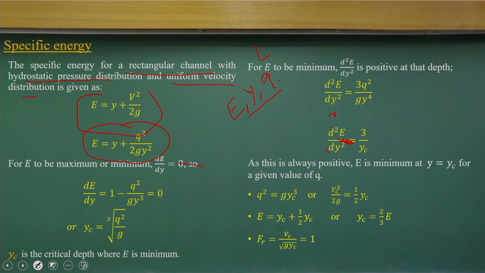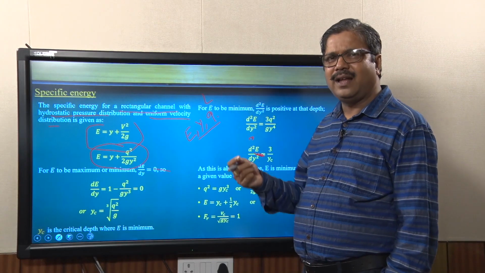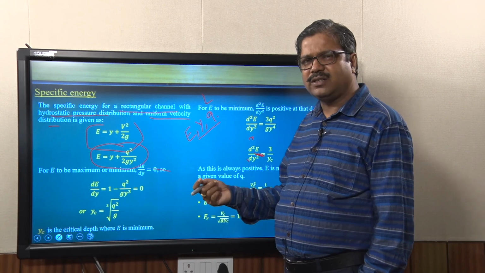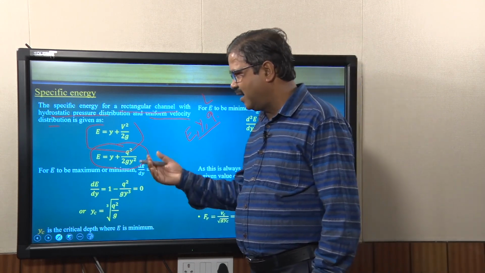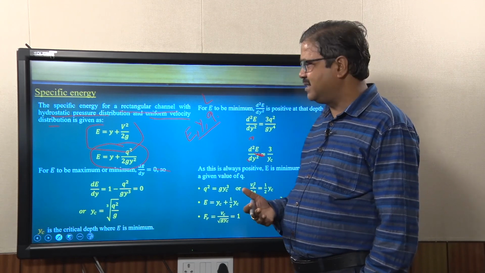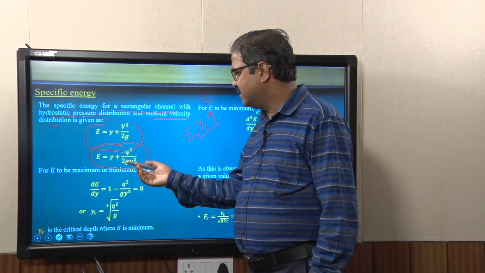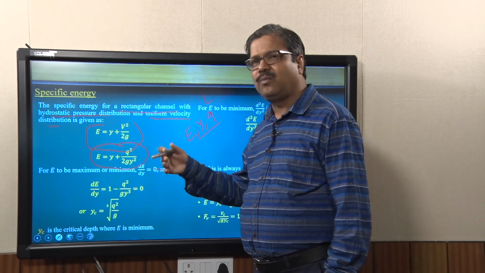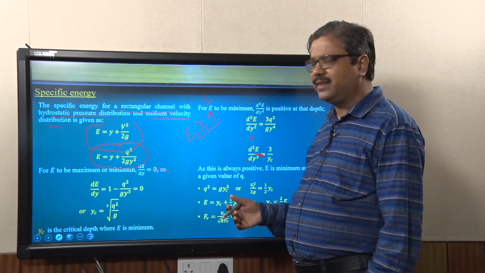If you look at this, it is very easy, because it is a quadratic equation. E has a relationship with Y and Q, and Q is considered a constant here. With basic calculus, you can find dE/dy equal to 0; the function will be maximum or minimum at that point.